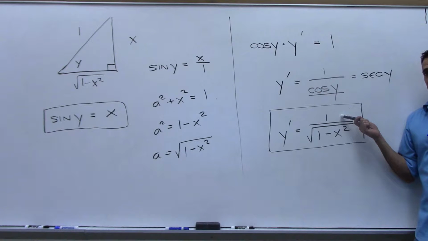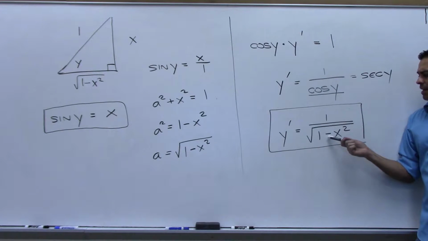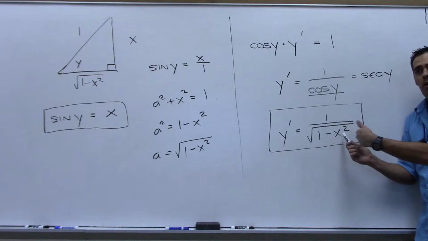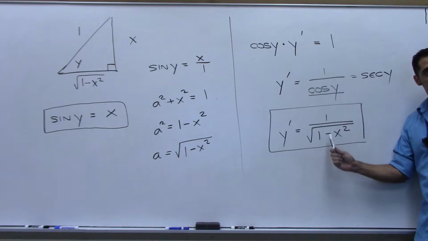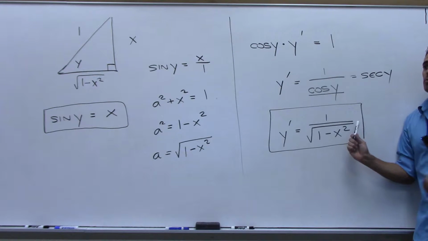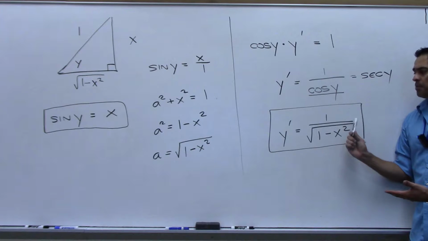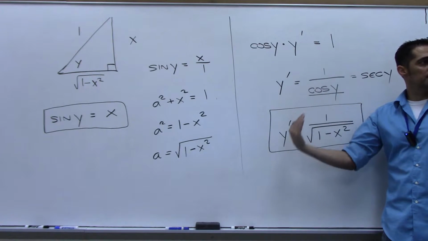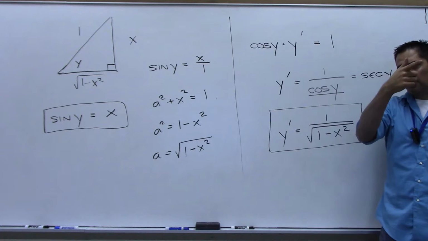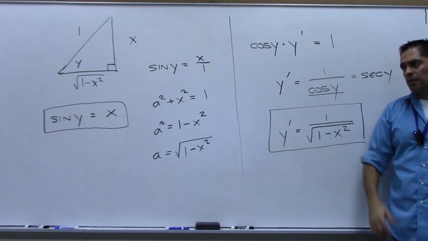The numerator is always positive, right? 1 minus a number squared, as long as this number is between -1 and 1, when you square it, it's going to be smaller than 1. So this will give you a positive number always. The square root of a positive number will be a positive number, which means that the derivative is always positive, which means the function is always increasing, isn't it? And we showed it up there a little while ago that it was increasing.